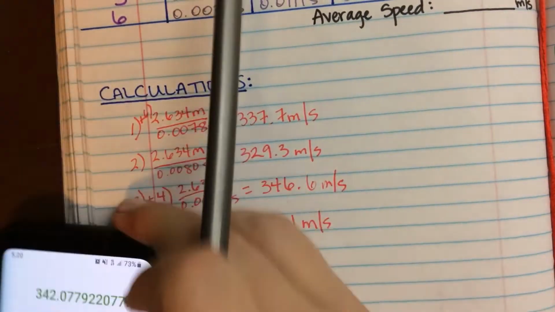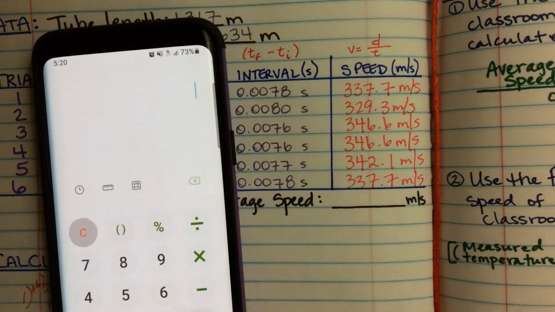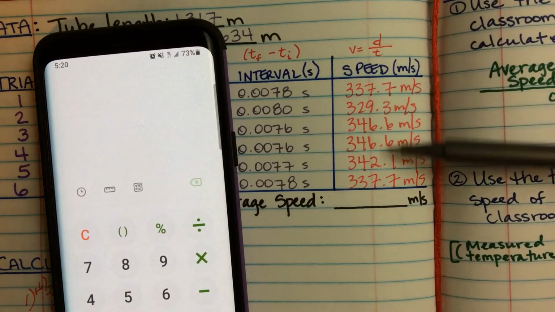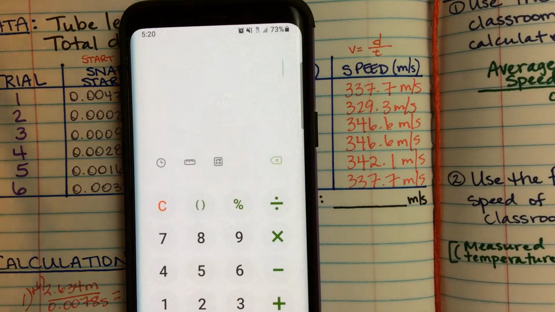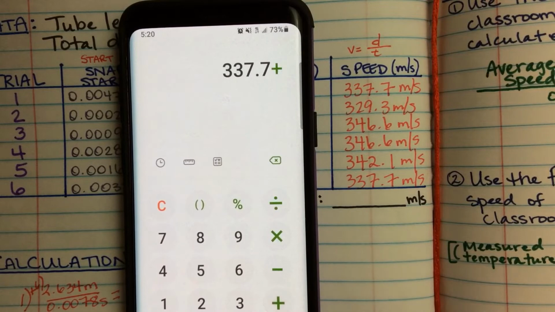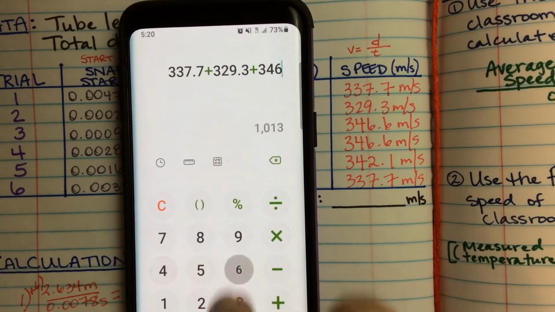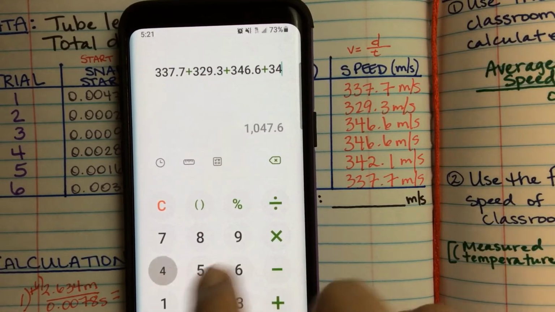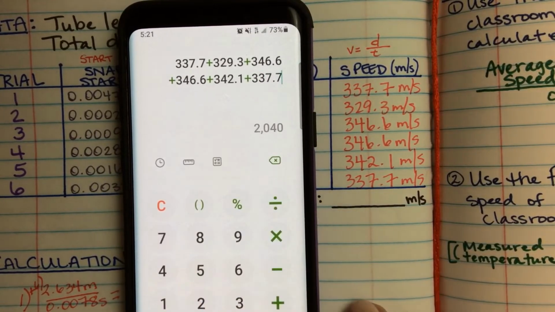So now my next step is to find the average speed based on my calculations. So to find average, you just add up all of your numbers and then divide by however many you have. So in this case, I'm going to do 337.7 plus 329.3 plus 346.6 plus 346.6 plus 342.1 plus 337.7.